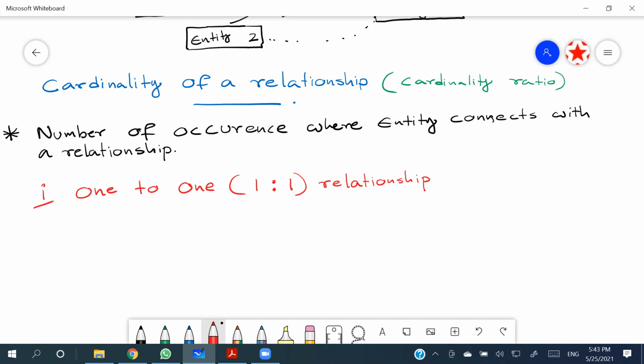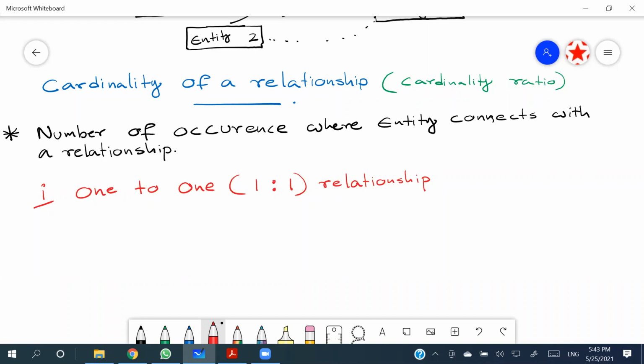The reason is, in the examination, sometimes you are given a relationship and asked to justify it, which means you have to describe the cardinality. Or the other way around: they describe the cardinality and ask you to draw the relationship.